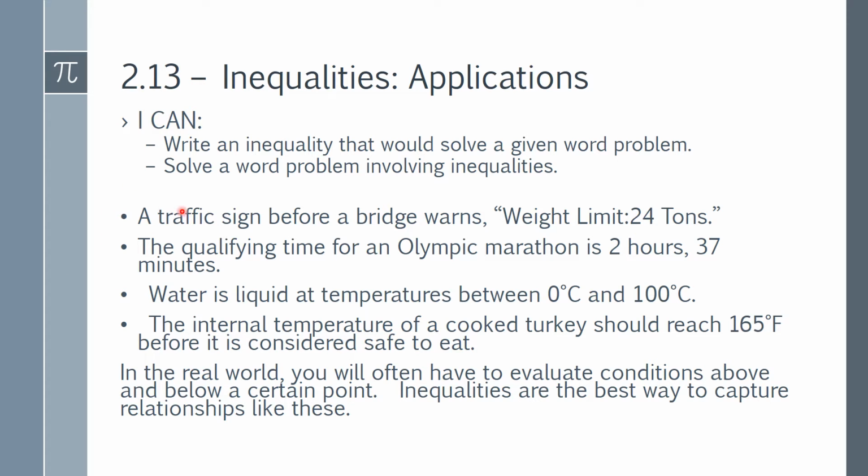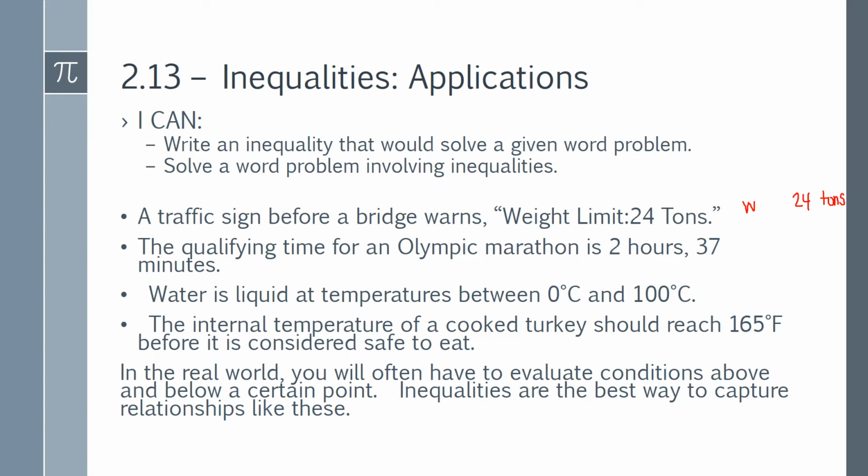For example, if you're driving across a bridge, a traffic sign before a bridge warns weight limit 24 tons. So if you were to write this as an inequality, I would use W for weight, and I'm relating it to 24 tons. And ask yourself the question, a weight limit, does that mean that the weight can be greater than or less than 24 tons? In this case, the limit means you can't exceed it, you can't go above it.